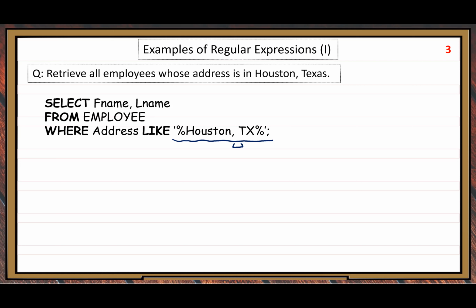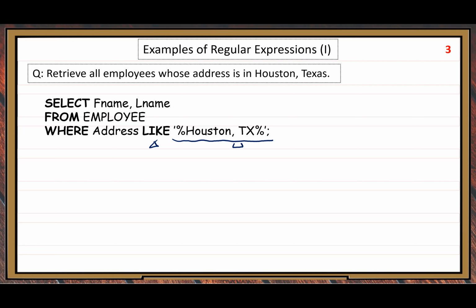That's the LIKE operator, not regular expression. We know regular expressions are more powerful than the LIKE operator. We can use them to describe much more sophisticated patterns than what we can do with LIKE.